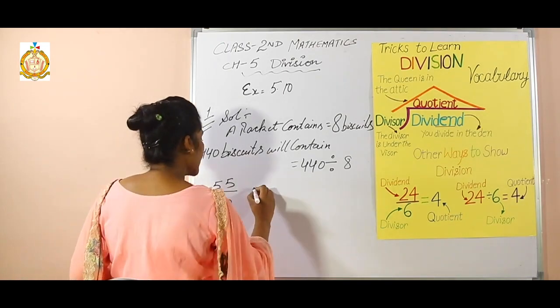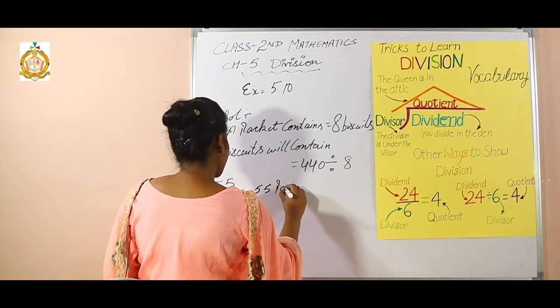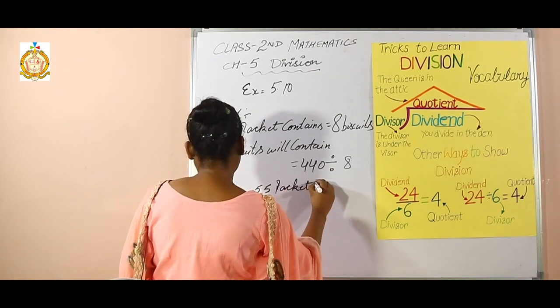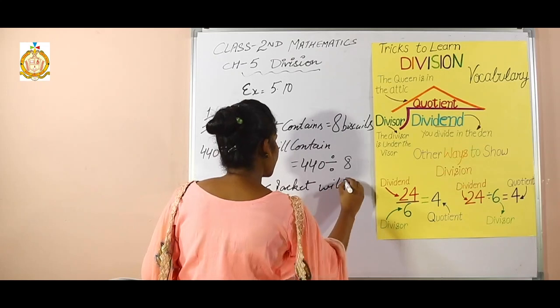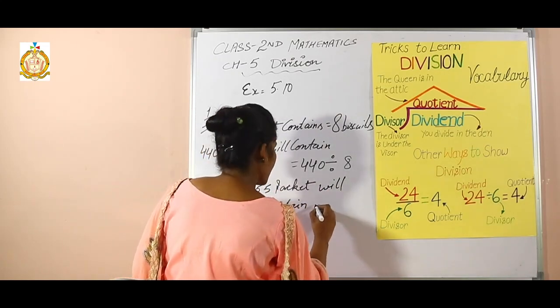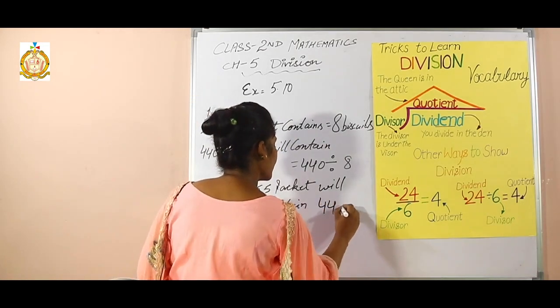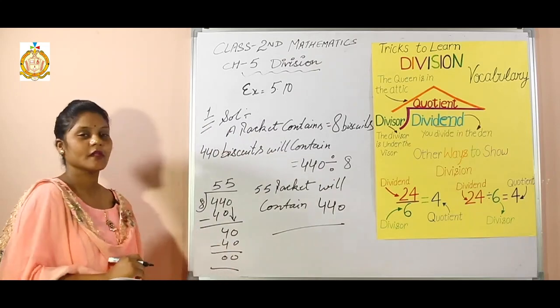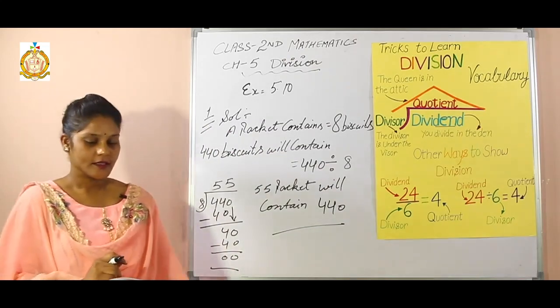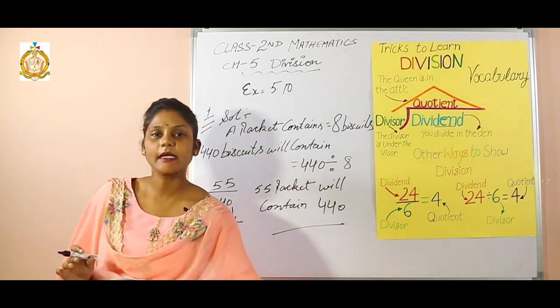So you should write the proper answer: 55 packets will contain 440 biscuits. Clear everyone?